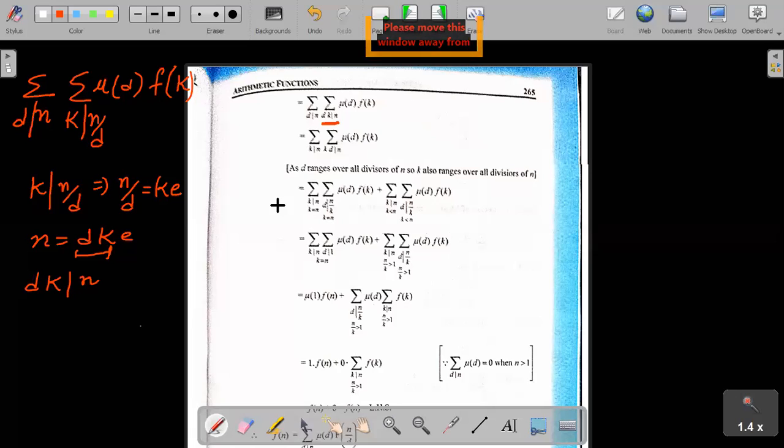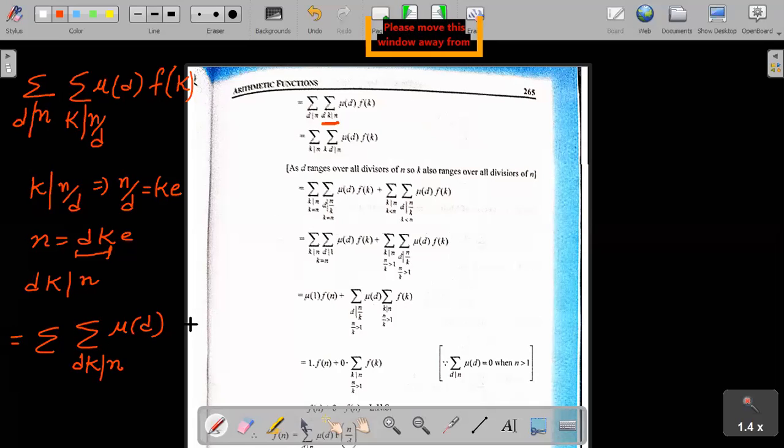No, ma'am. Right, so now what we will do. If I'm continuing from this equation, this is equal to summation mu d, where d is some dk divides n, right?